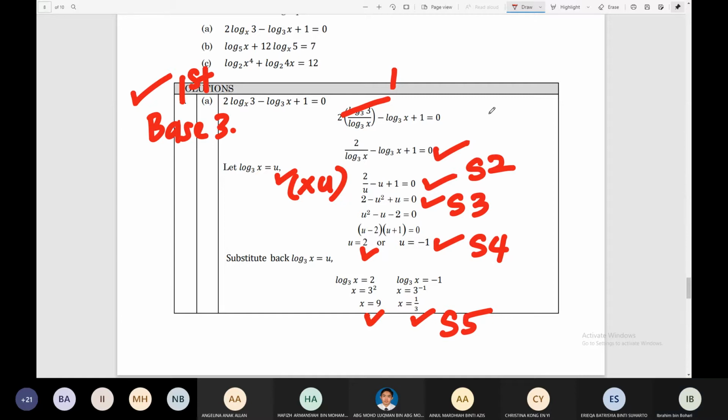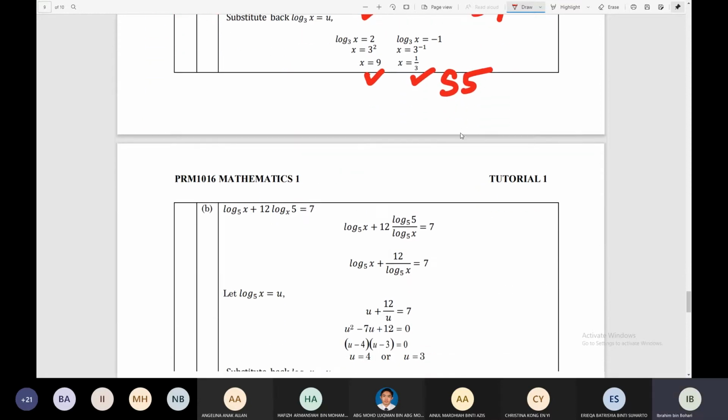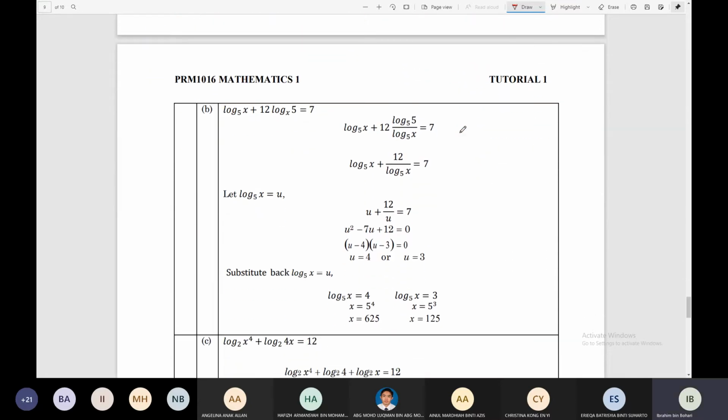Okay, settle question A and question B. Okay, check answer. Question B: log x base 5 plus 12 log 5 base x equals 7. So here log base 5 and here log base x.